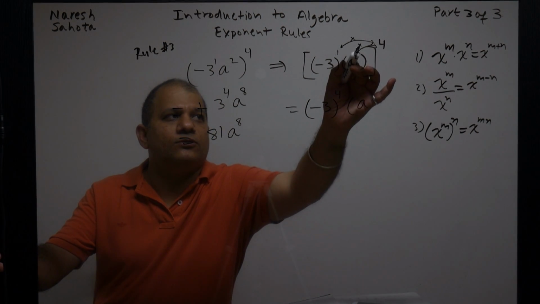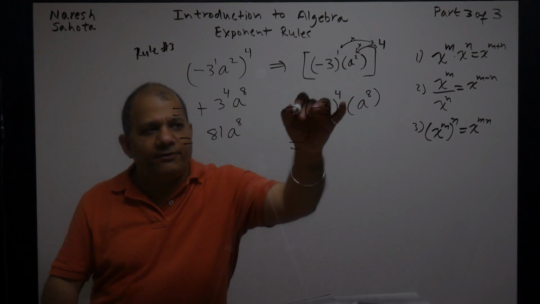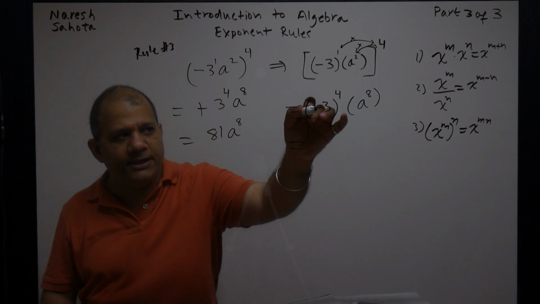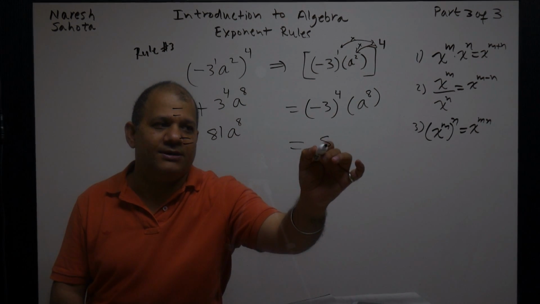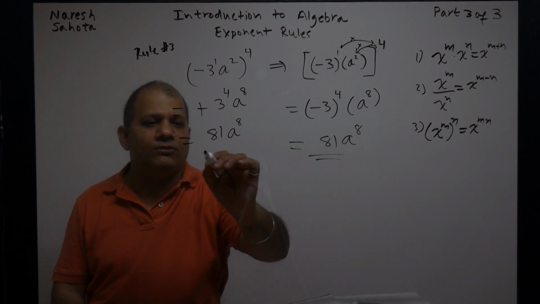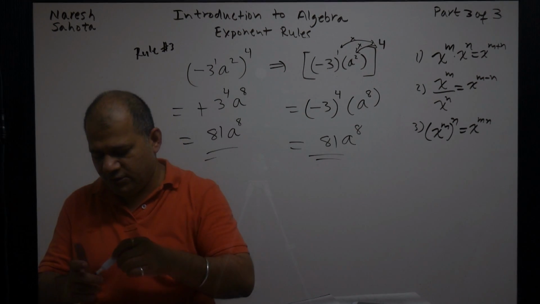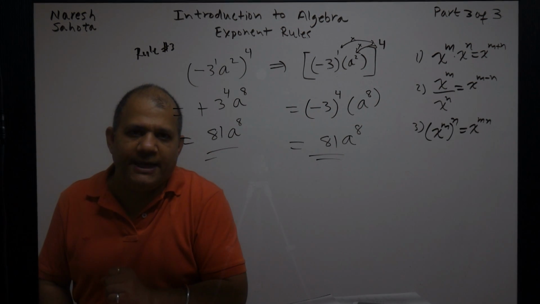So 2 times 4 is 8. And now it's very clear. So -3 raised to the exponent 4 is going to be positive. Positive 81 a to the 8. Okay, so I've done this question slightly differently this time, so you get to see the variation, how it can be done.